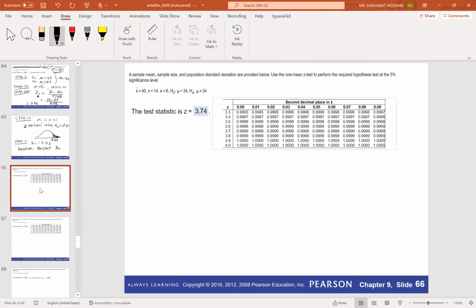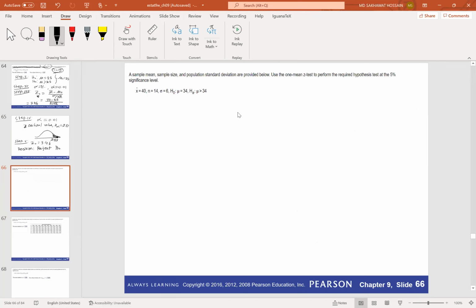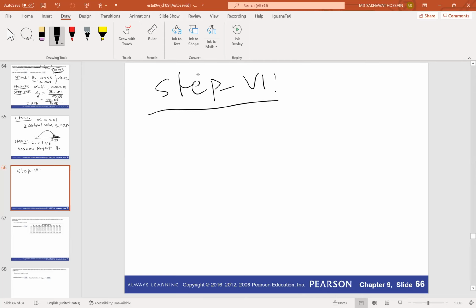Now we need to write the interpretation of the results. In the interpretation, first we have to mention the level of significance. So this is step 6.